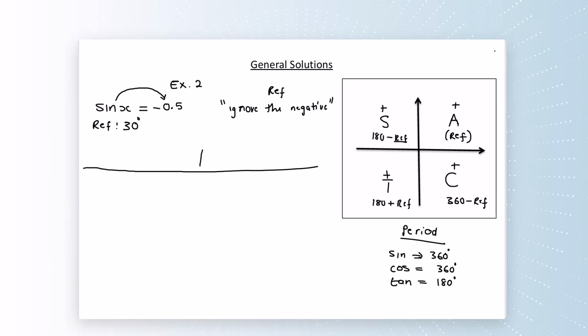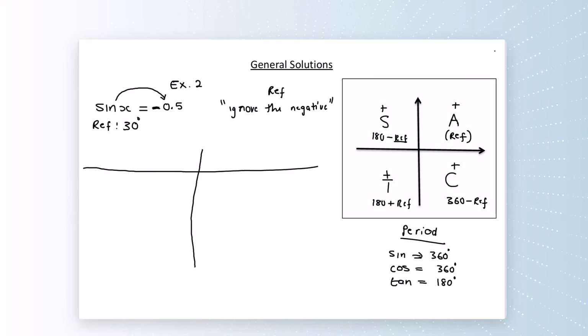Then we need to go identify the quadrants now. The number on the right-hand side there is negative. This is where the negative becomes useful. It's negative. It means you are going to look for quadrants where sine is negative because of that negative there. Okay? So we will go to the CAST diagram and look for the quadrants where sine is negative.